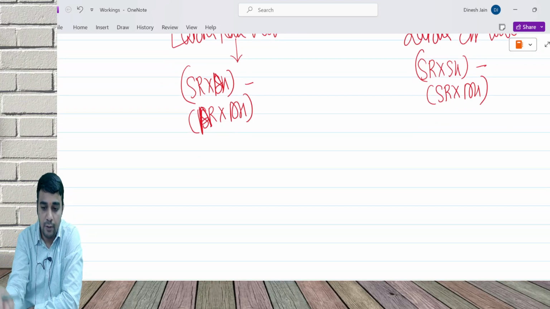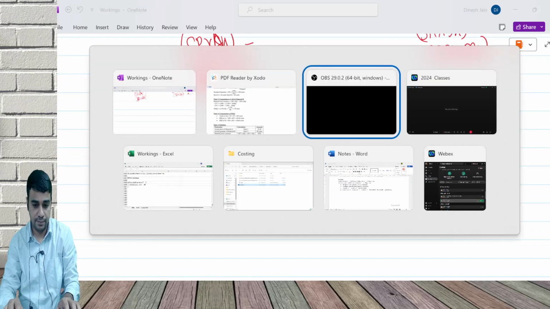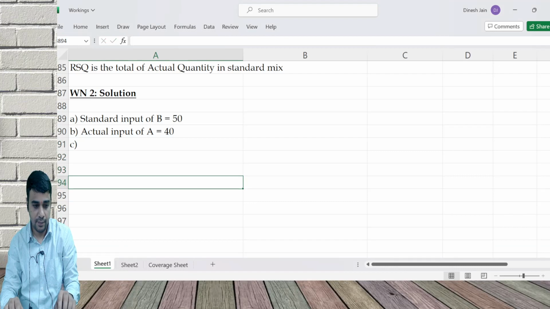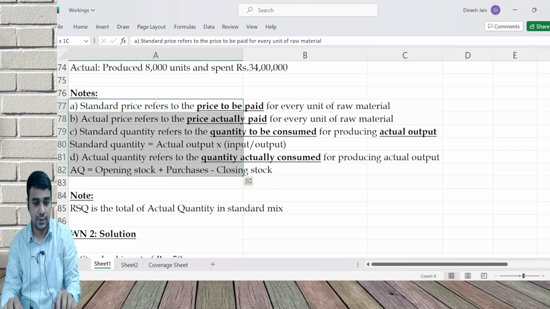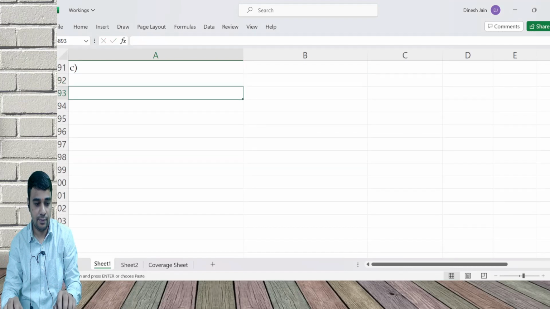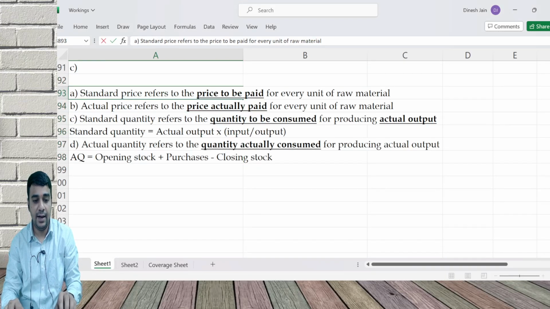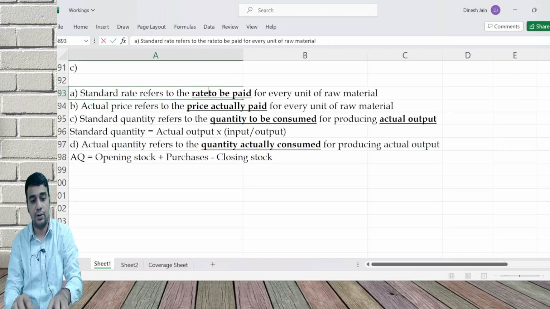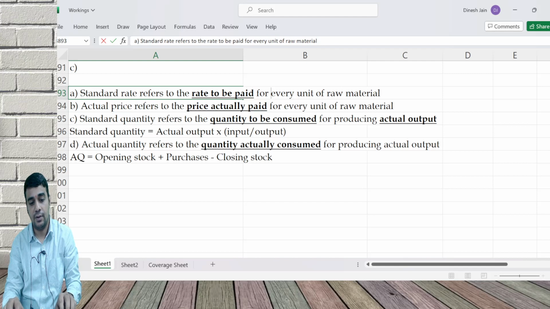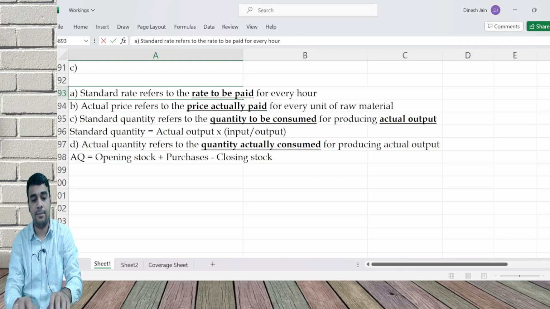Done. Now below this, the note is exactly going to be similar to this. Now write standard rate. Standard rate refers to the rate to be paid for every hour.